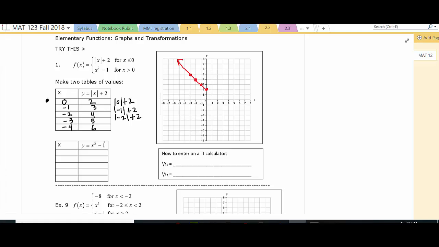Okay, and then the second piece, we're going to start with 0, but it's going to be open. Now pick numbers bigger than 0 since it says x greater than 0. Yeah, go ahead. I didn't start with 0. I started with 2. That's fine. I'm talking about the second graph.